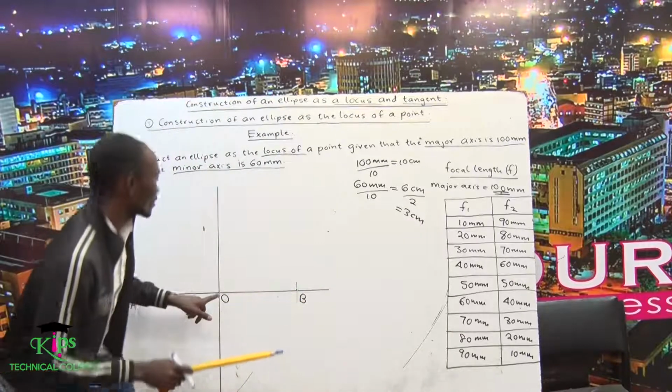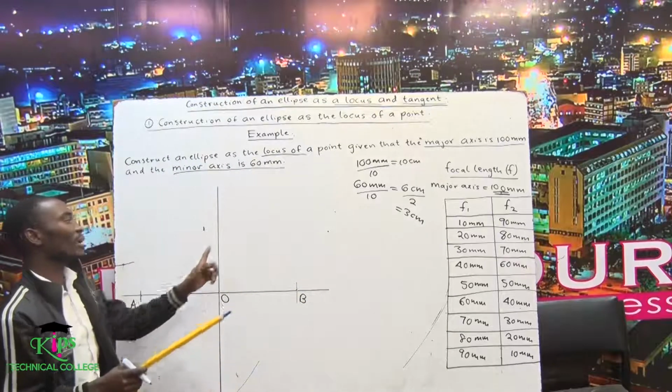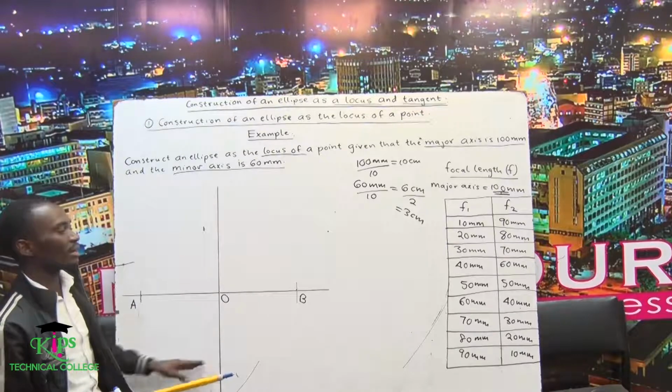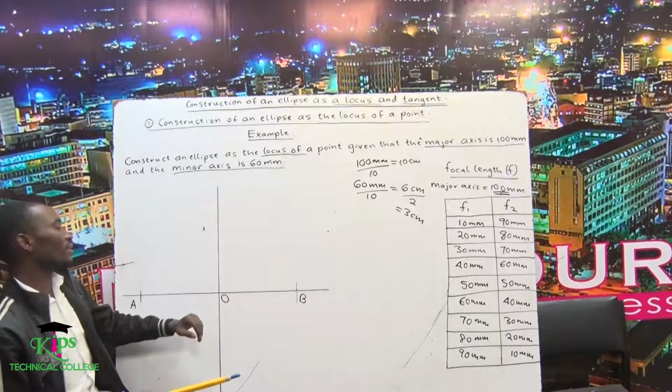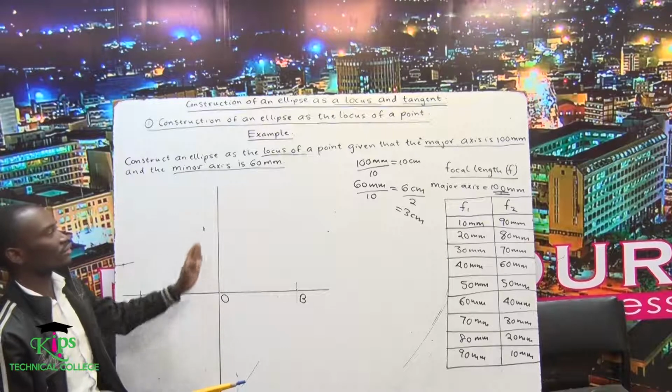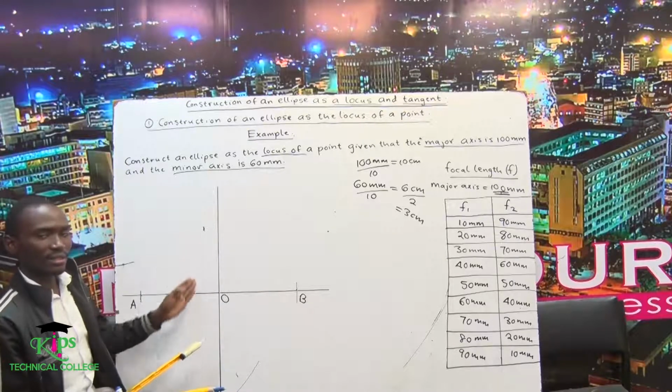So that once I step at point O, I should mark on top 3 centimeters, again mark 3 centimeters, so that the 3 centimeters you marked on top and the one you marked at the bottom give you the total of 6 centimeters.